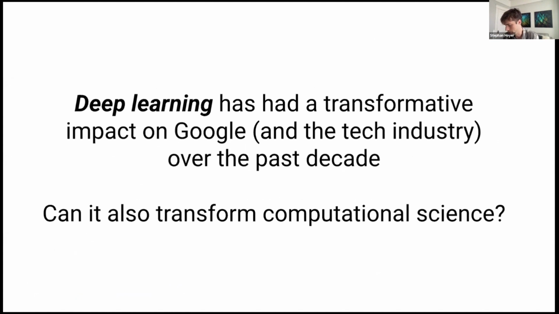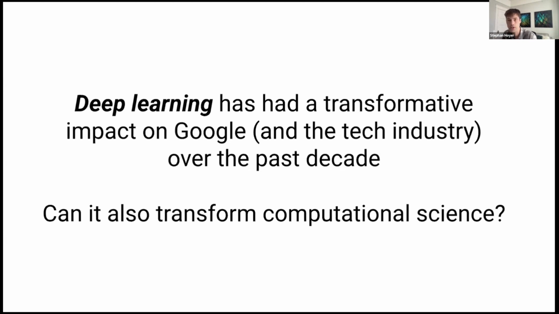So the framing is that where I'm at Google, we're really thinking about how we can use Google's technology, especially tools like deep learning, which is now really pervasive in the tech industry, and is basically going into almost every single product that Google does. And we're wondering how we can use AI technology for science.